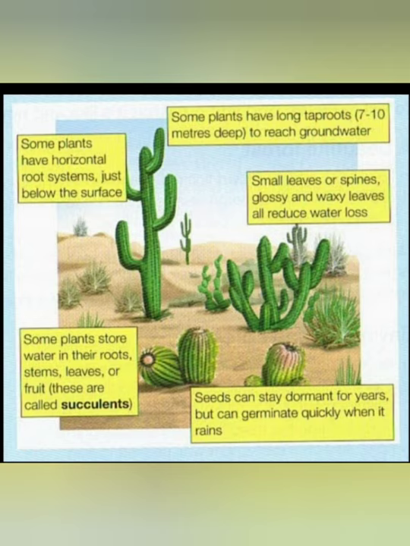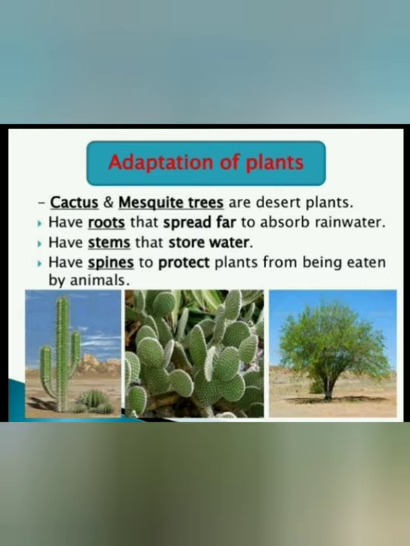The stem is so fleshy in them, and even these thorns or spines help protect them from predators. We find roots spread over a large area in these plants so that they can absorb the rainwater, which is available in small quantities.